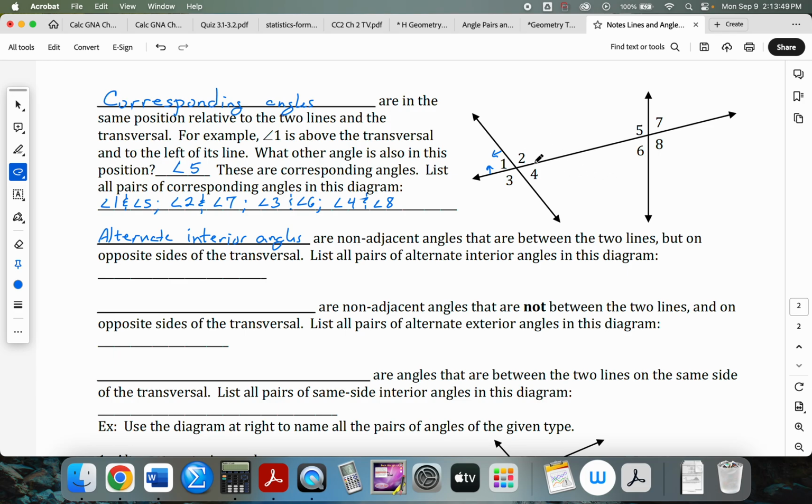So what I want is non-adjacent, not next to. So 2 doesn't go with 4. That are between the 2 lines. So could be 5 or 6, but we want them to be on opposite sides of the transversal. 2 is above the transversal, 6 is below, so that would be angle 2 and angle 6.